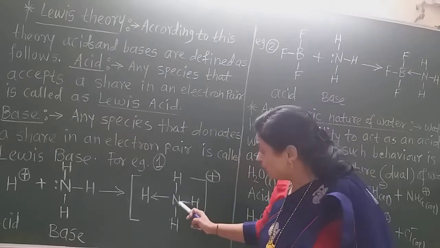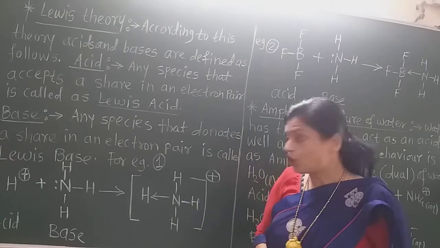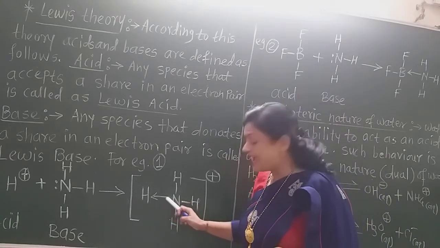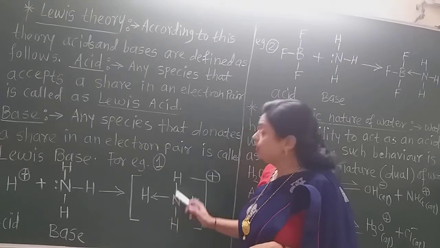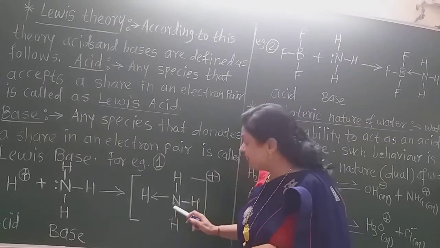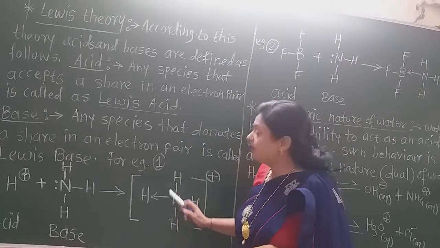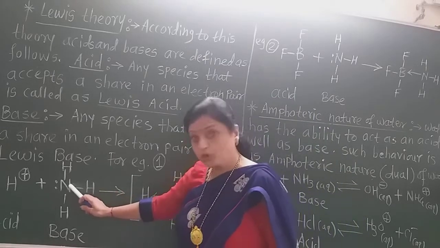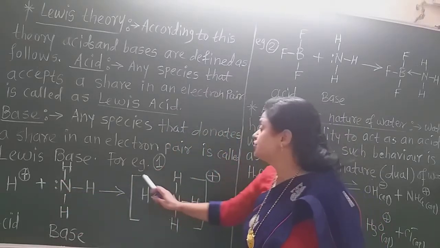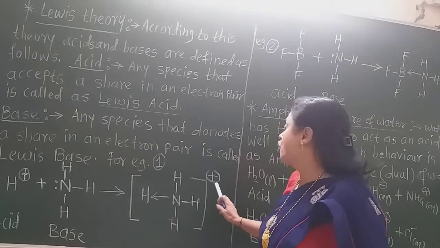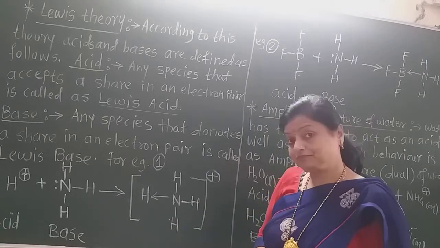The donation of the electron pair is shown by the arrowhead from the donor to the acceptor. Due to the donation of this electron pair to the H plus ion, there is formation of the NH4 plus ion.